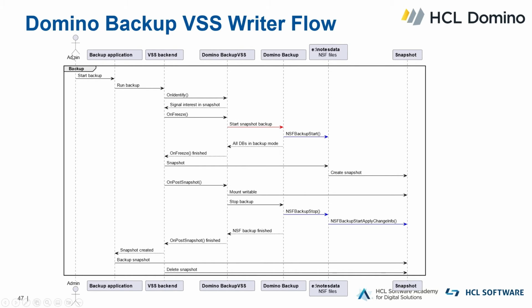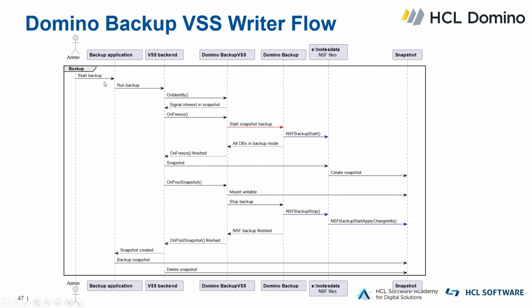Here's the admin. The admin operates a backup application. The backup application talks to the VSS backend. The VSS backend will talk to a Domino component, Domino backup VSS, which is a new server task. Then we have the Domino backup server task. This represents the data directory, and then finally we have a snapshot.